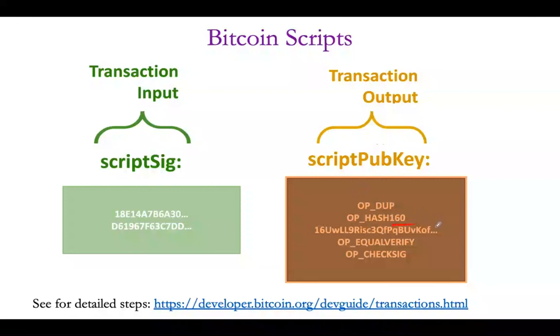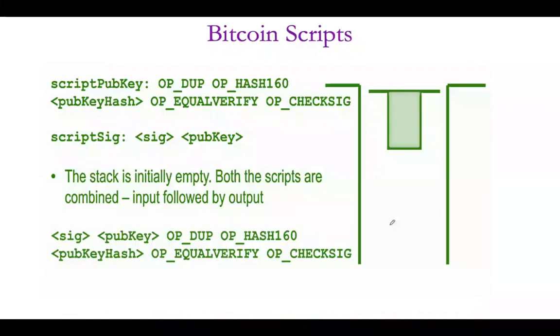So the input is hashed twice, and then it will generate a 160-bit hash code. These few commands are the most commonly used operation codes in Bitcoin scripts.